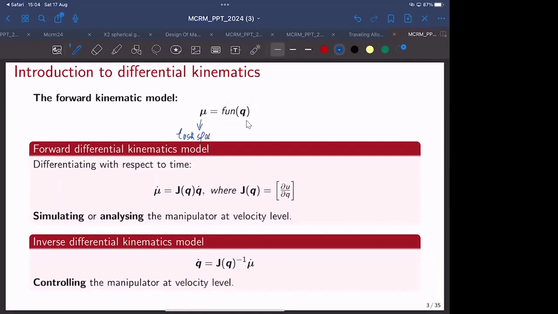And the vector q would typically mean the joint space variables. I hope we are now clear about what task space variables and joint space variables are.